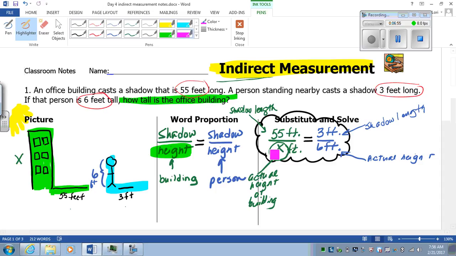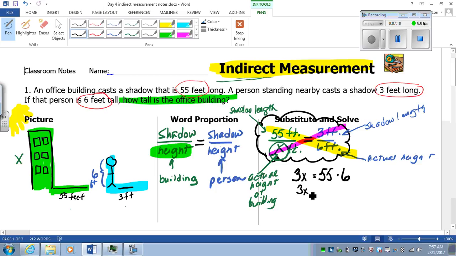Let's multiply 3 times X. So that's going to give us 3X. And then let's set that equal to the product of 55 times 6. So 3X equals 55 times 6. Let's simplify that right side. 55 times 6 is 330.